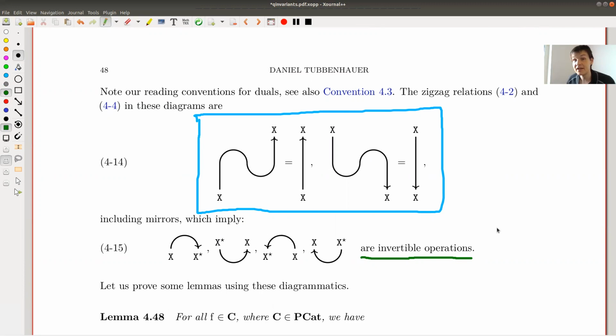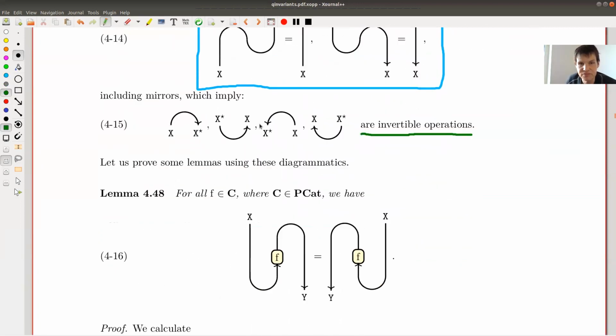And this is really good. So whatever you do, in some sense, you can just pull caps and caps. You could pull your diagram in a different position, and whatever kind of argument you have in mind, it still holds for the rearranged diagram that you have pulled into another position.